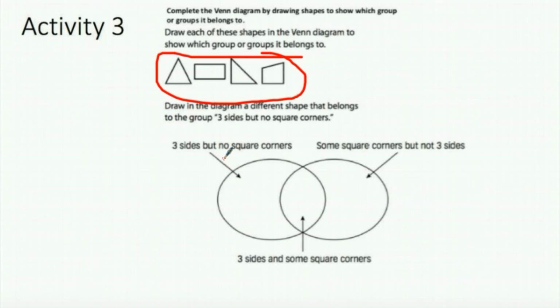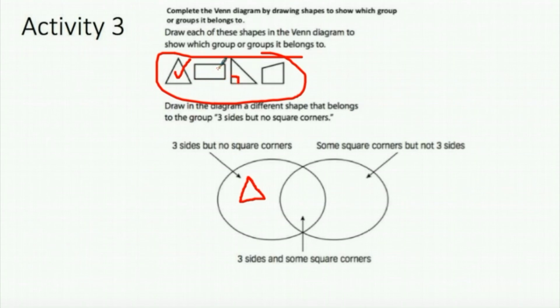And it says this one is 3 sides but no square corners. So I'm going to look up here. This has 3 sides and this has 3 sides, but this looks like a square corner. So I need this guy right here, and I'm going to draw him down here. Then let's look over here. This says some square corners, but not 3 sides.